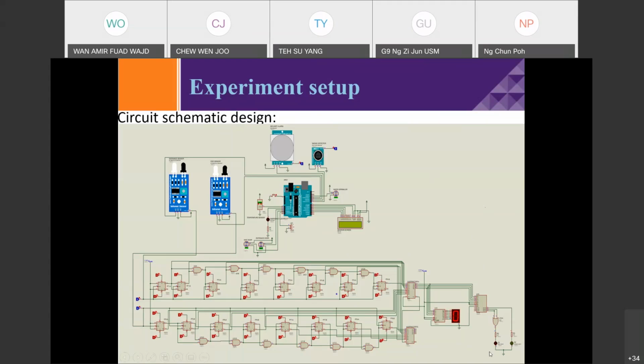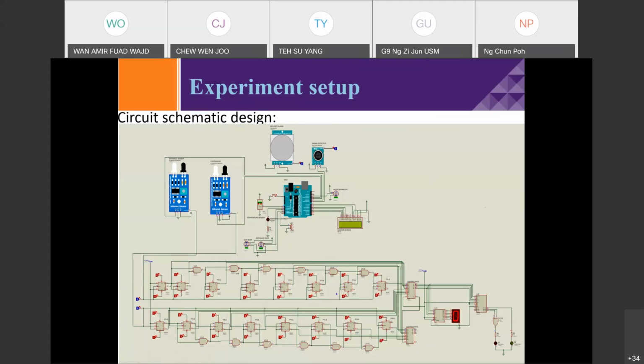And then the 2 infrared sensors will detect people, and the signal will be sent to the Arduino Uno circuit to open the servo motors. We have 2 servo motors, which are the entrance and exit motors.